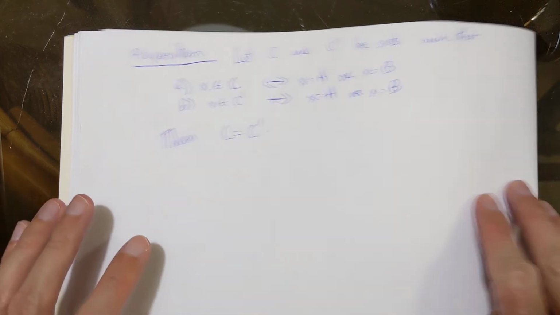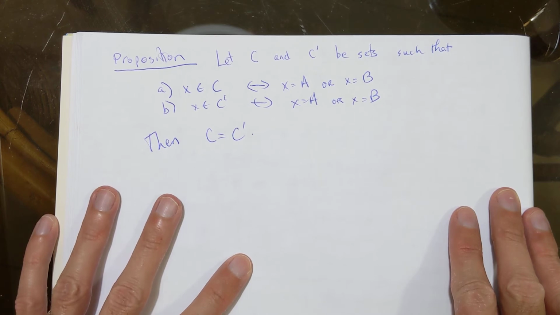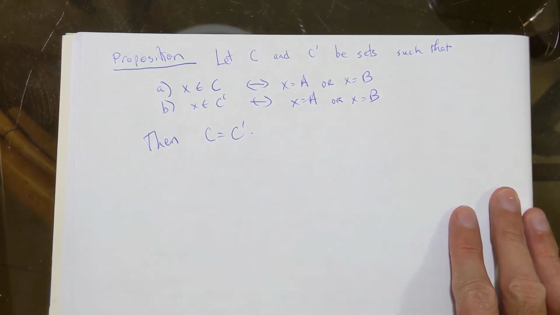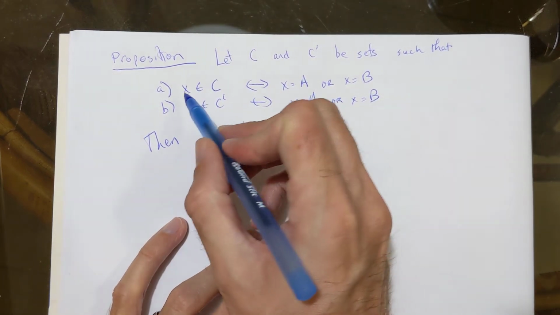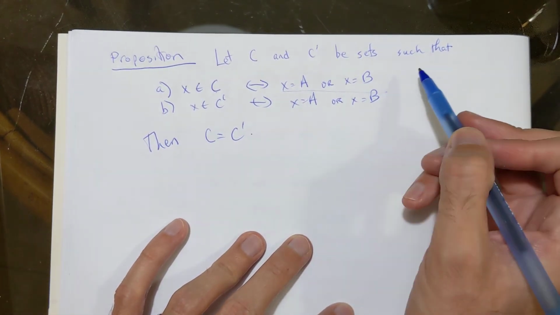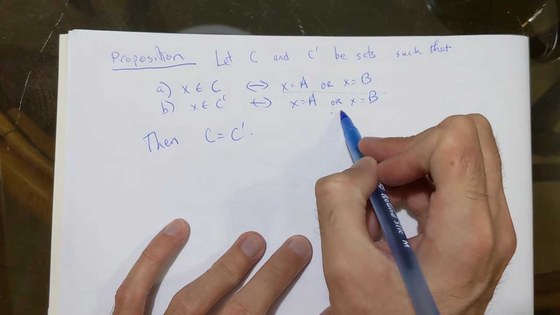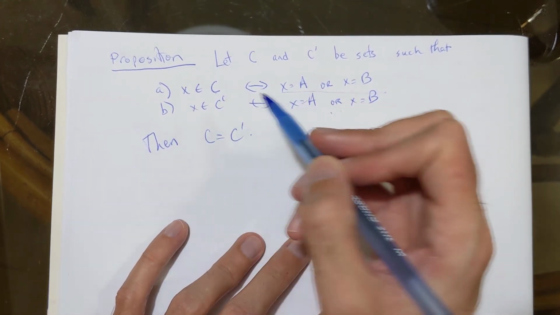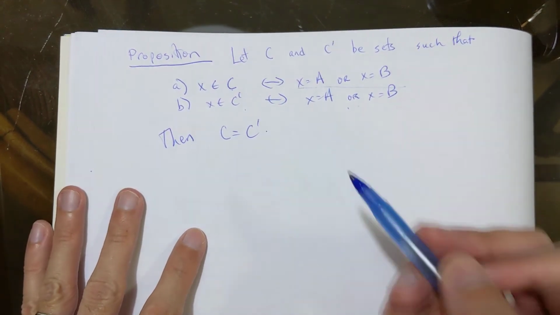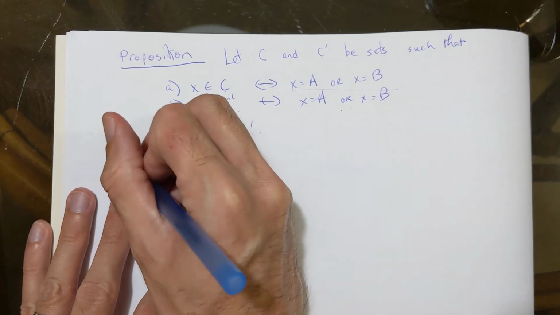This is pretty much the same as the proof we saw for the axiom schema of comprehension. We see that X is in C if and only if this is true; call this P of X. So X is in C if and only if P of X, and P of X if and only if X is in C prime. So X is in C if and only if X is in C prime, and the axiom of extension guarantees that C equals C prime.